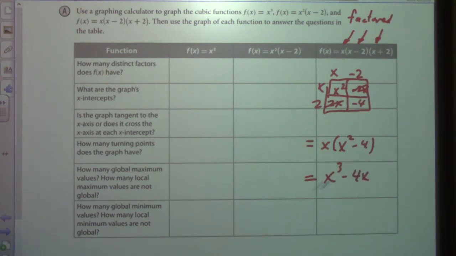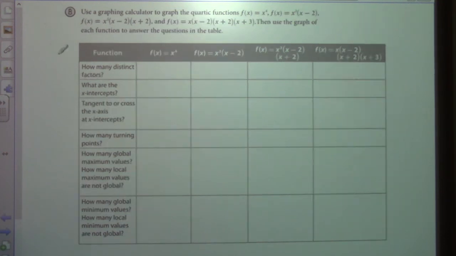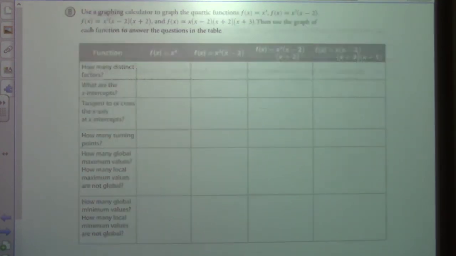So this right here is called the standard form, and the one up on top is the factored form. Okay, does that look that bad? No. And I would do this too, but we're just going to go ahead to the exercises.